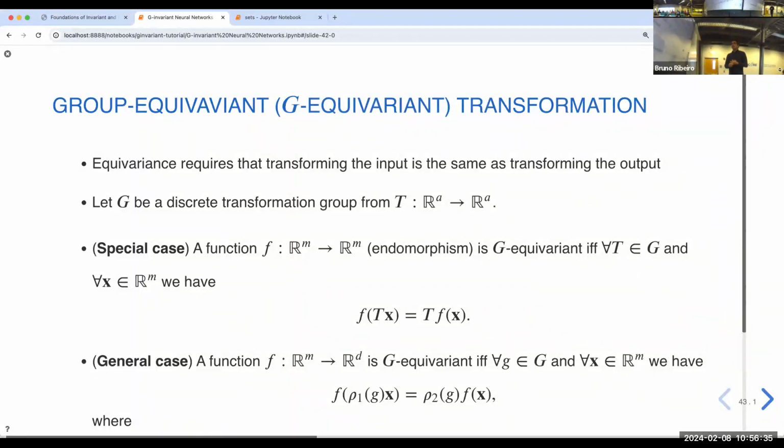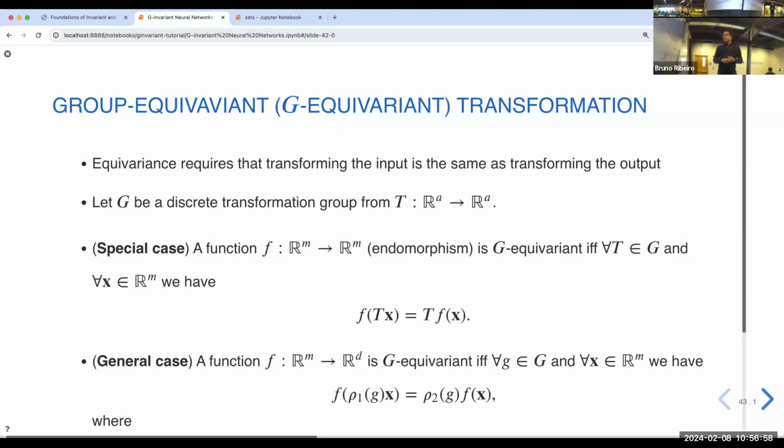Now I'm going to talk about equivariance. Equivariance is a slightly different case where it requires that transforming the input is the same as transforming the output. Now, what does it mean to transform the output? You get to decide, but you have to decide in some consistent manner. Let me give you a special case.